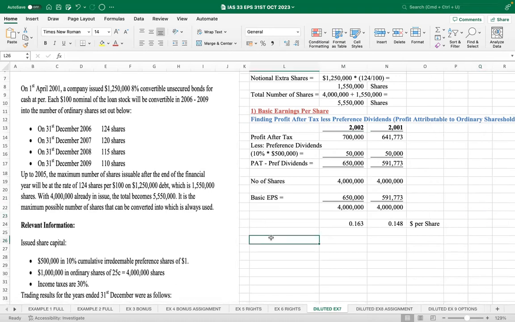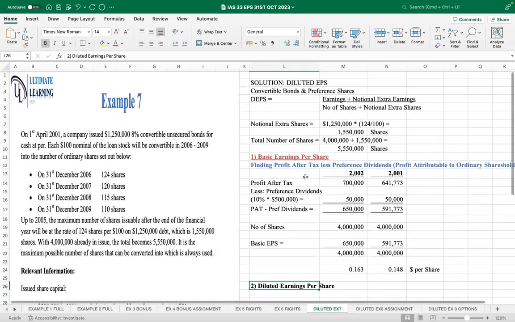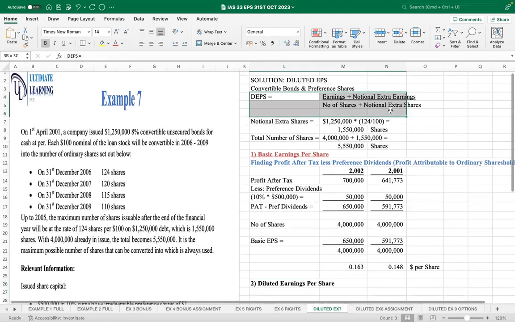So number 2, we can now go and find the diluted EPS, diluted earnings per share. Now, remember we have said diluted earnings per share is this.